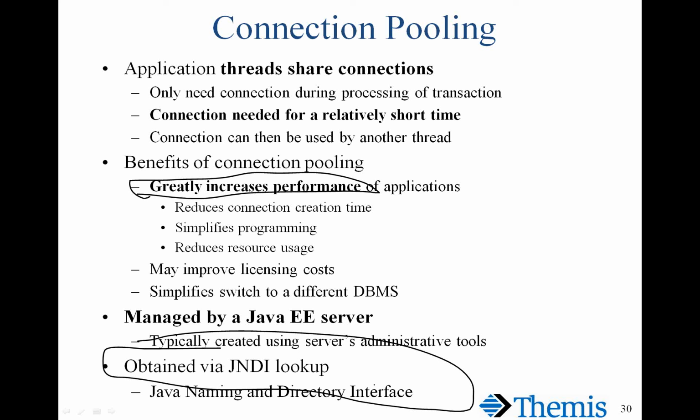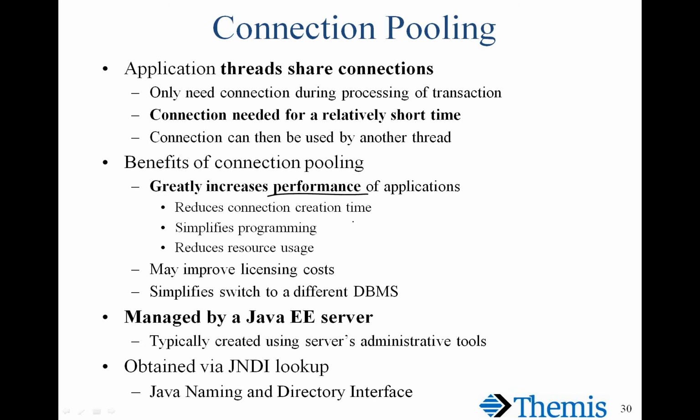Instead of the connection being created at that time, you're simply borrowing it, like checking it out of the library, using it, and then returning it when you're done so that it can be used by another request. The performance implications of this are enormous. It's really the only reasonable way to operate in a server transaction-based environment.